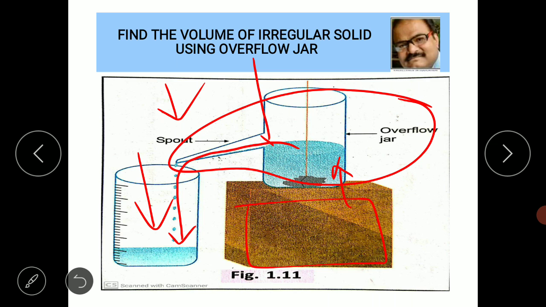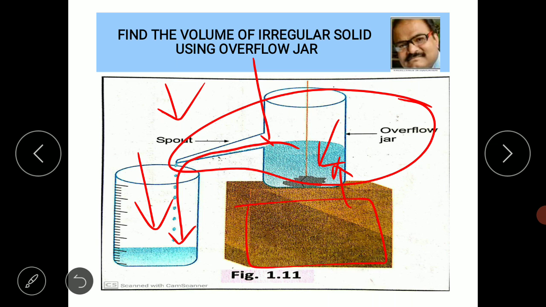This solid displaces water which flows out from the spout into the measuring cylinder, and we record the volume of water that is overflown from the overflow jar and gets collected into the measuring cylinder. This gives the volume of the irregular solid.